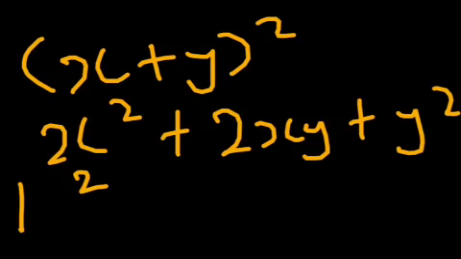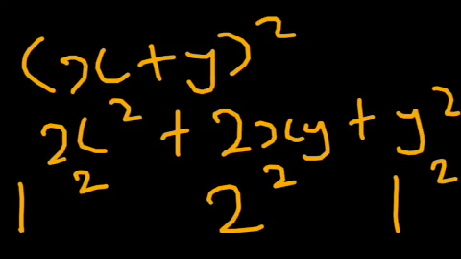The coefficient here, a, is 2, and the exponents here are 1 and 1, which add up to 2 as well. The exponent here is 2 while the coefficient is 1. I just want you to notice this 1, 2, 1, right?